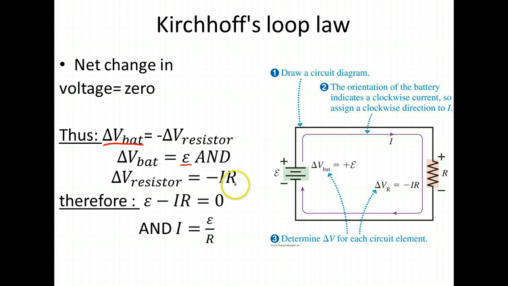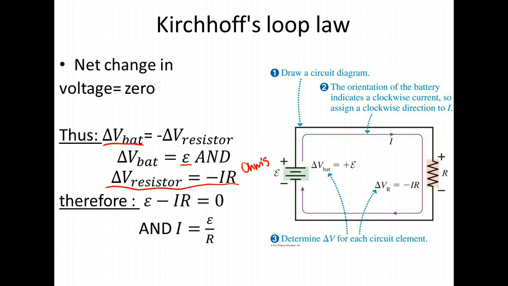And what is this? We learned it last class, V equals IR. There was a name for it. Ohm's law. Yeah, this is just Ohm's law. These are all things that we already know.